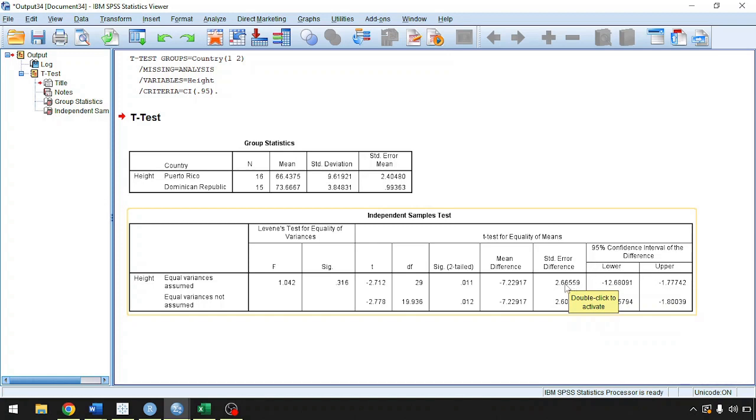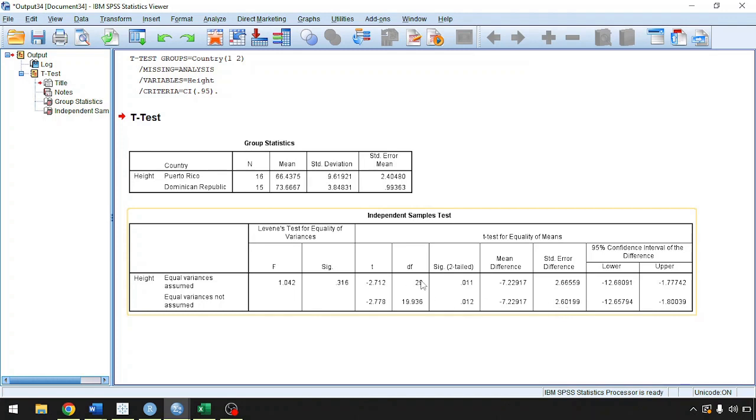So 2.66 is multiplied by the z of 95%, which is 1.98, and it'll produce a lower boundary of -12 and an upper boundary of -1. I'll have a separate video about this. This pretty much standardizes the difference in the mean by the lower and upper boundaries.